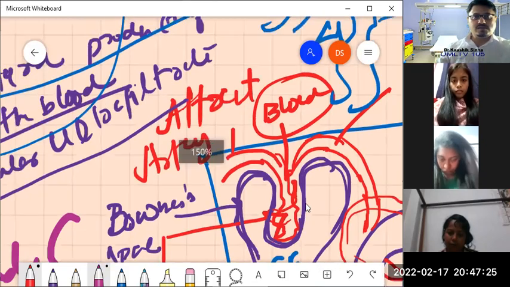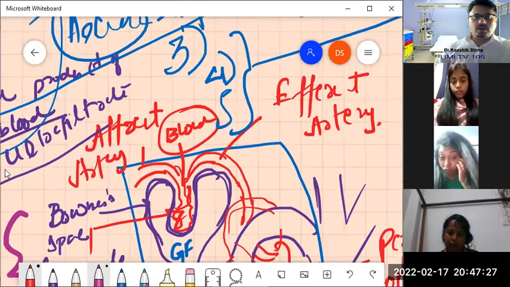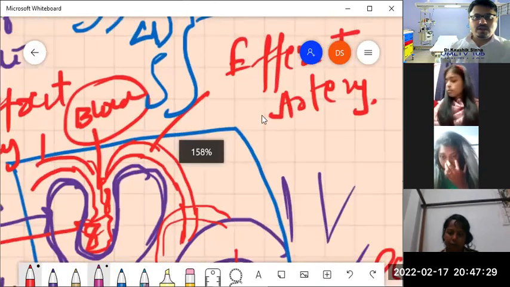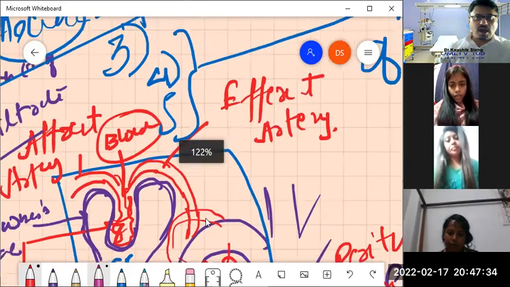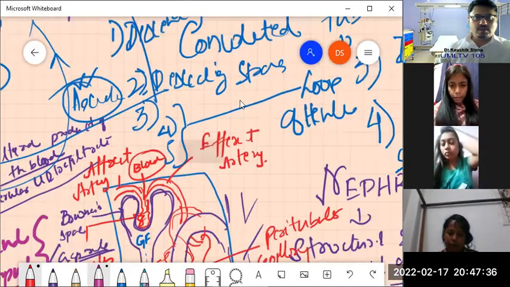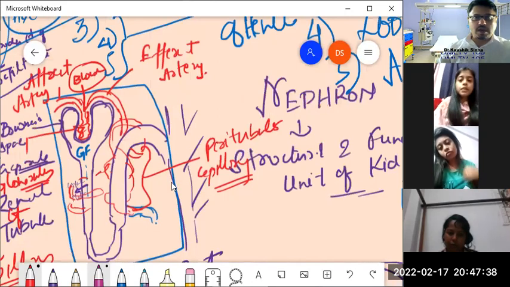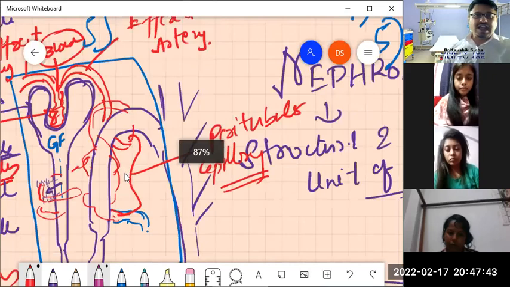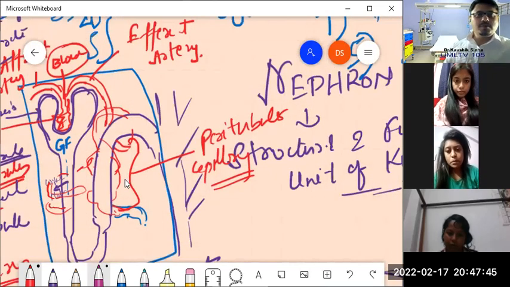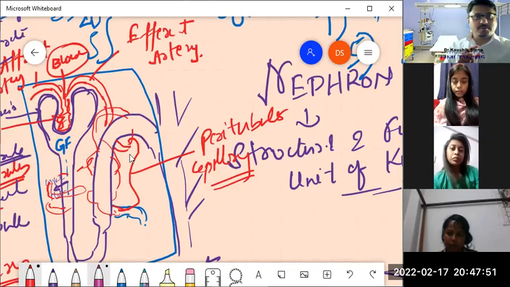That means the blood that is entering into this efferent artery out here and is making another capillary, these peritubular capillaries out here, that blood has still some residual amount of waste. Did you get this point?